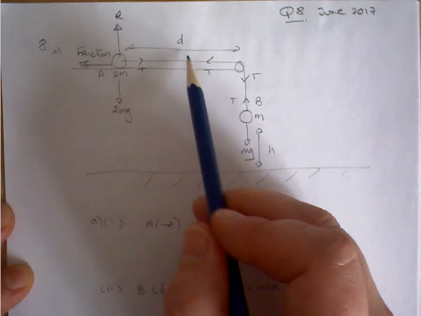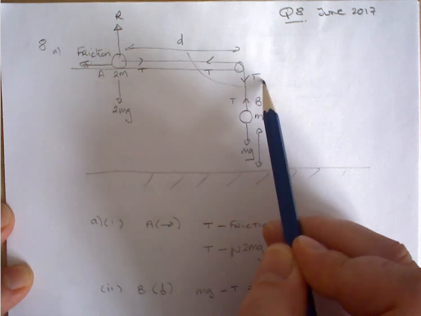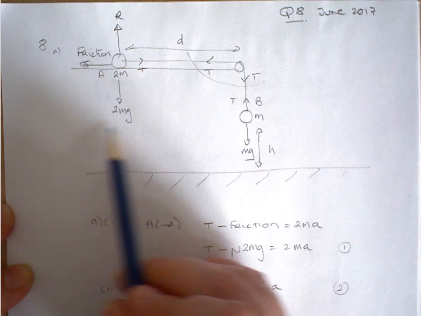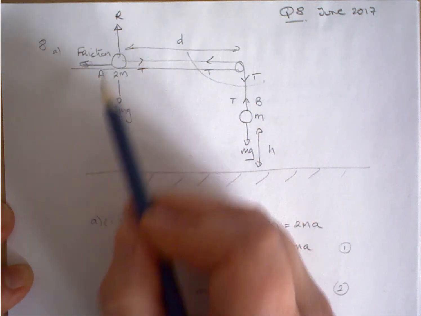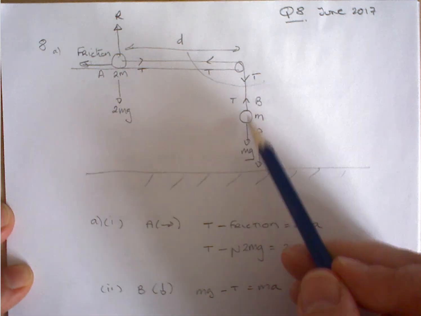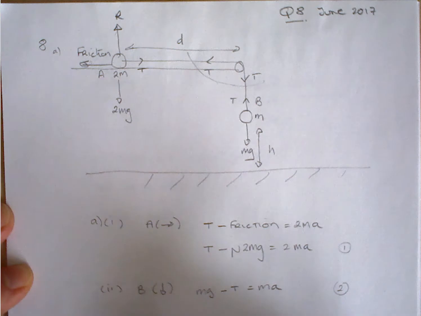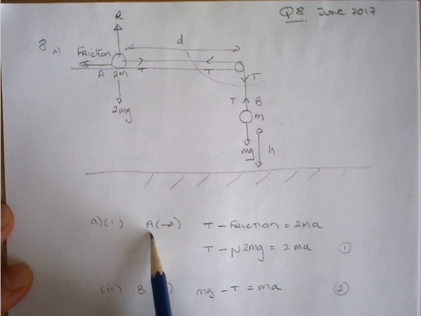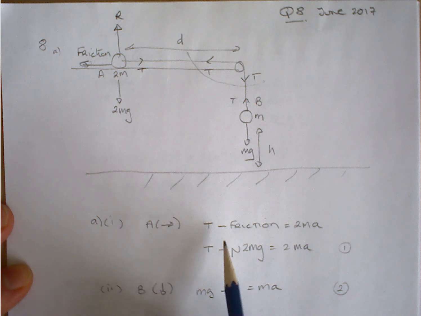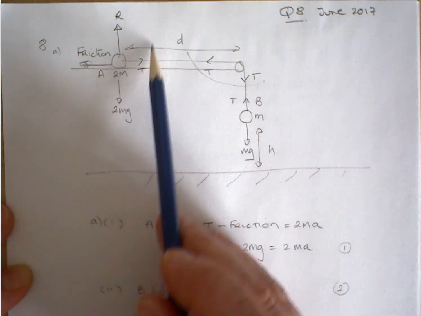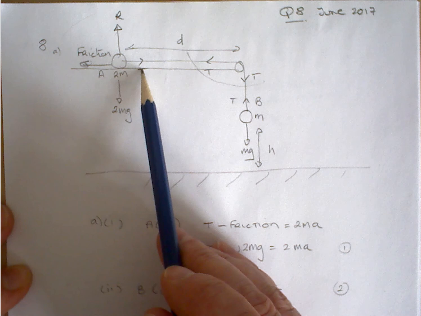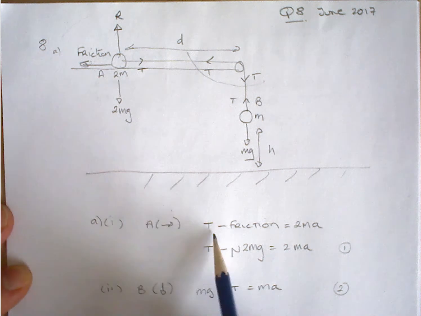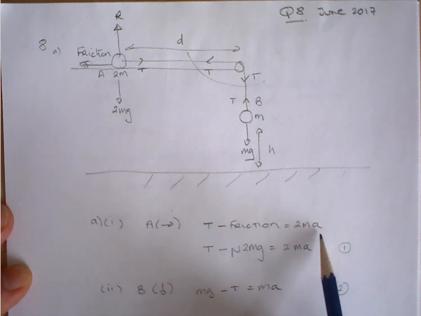And so you've got this region here for the pulley, and you've got this region here for A. You can see I've put in the reaction force and I've got the motion equations. So in the first part of the question, they want the motion equations for A and B. So A is moving from left to right, and just looking at A, it's T take away friction, net forces equals mass times acceleration.